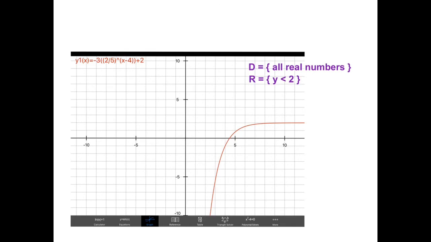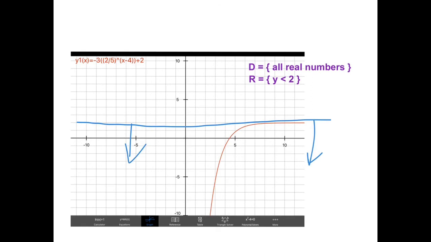So this number is still the same. This number here still impacts the range. This number made it flip over, which means now we're less than 2, okay?